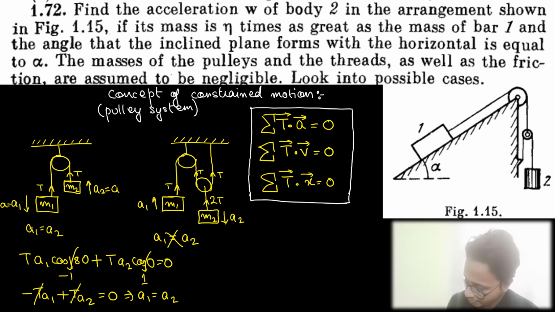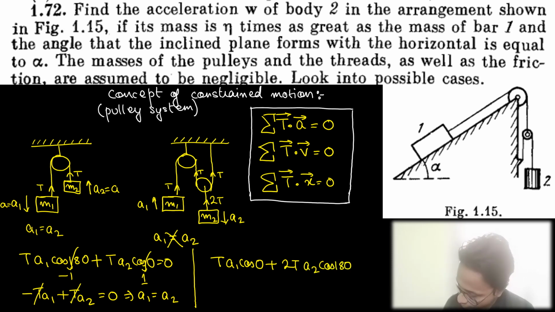Similarly, if I do the same thing here, what do I get? T into A1 into cos 0, plus 2T, tension always acts away from the body, into A2 into cos 180. Why cos 180? Because the angle between tension and acceleration is 180 degrees. So here this is 1, this is -1.